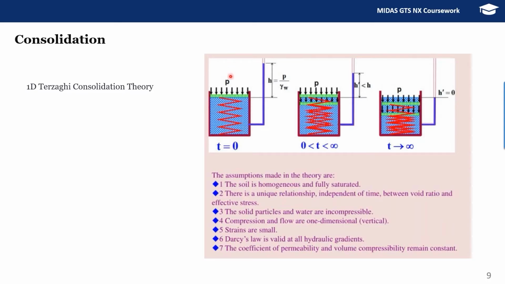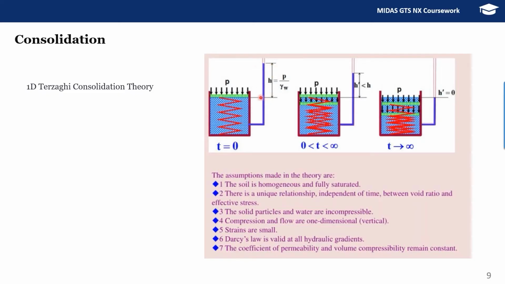Whenever a load is applied on this spring and water phenomenon on a soil, the entire load will be taken by the water at first. That means immediately after the load application, at t equal to 0 seconds, it will be taken by the water and your pore pressure will increase.